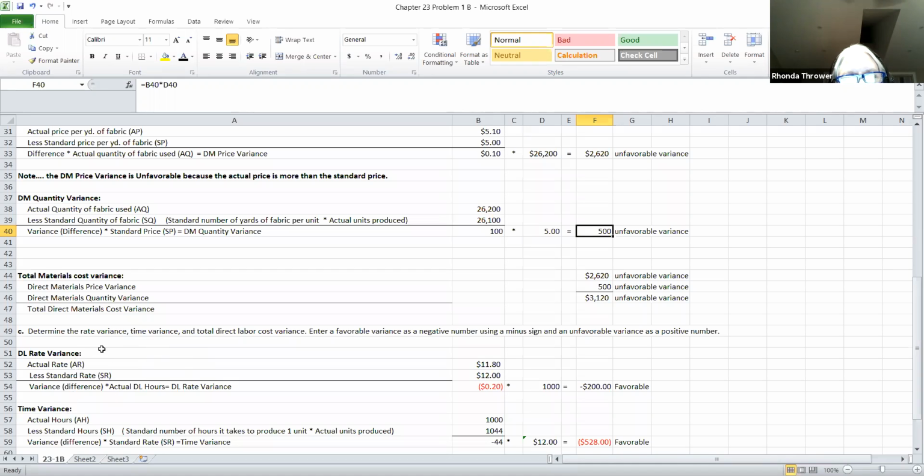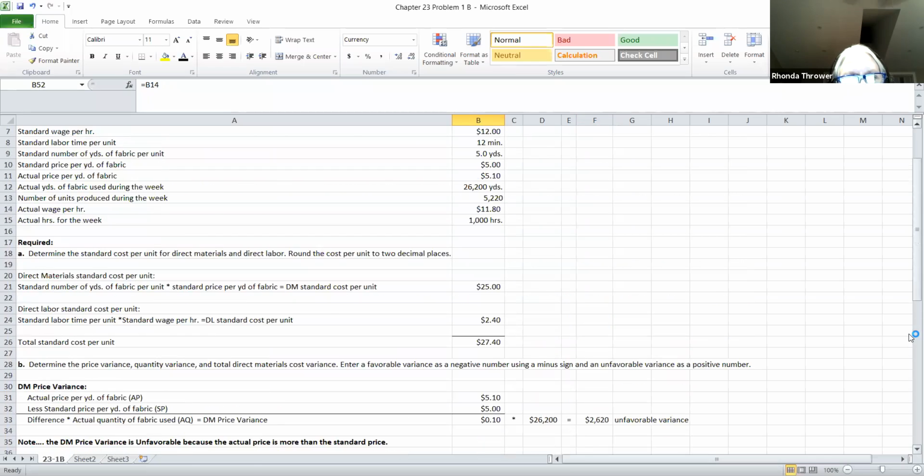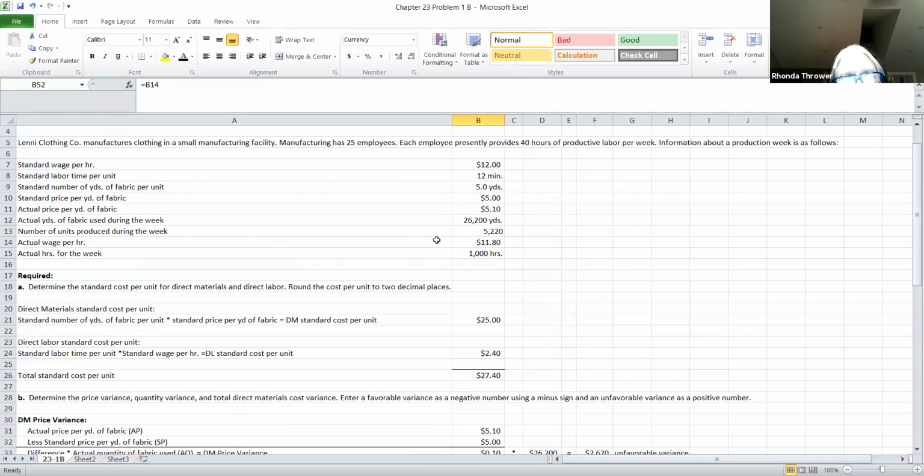In order to figure out what a rate variance is, we would need to know what our actual rate is. And again, that's given information that was given in cell address B14. So if you go up here, that's your actual wage per hour.